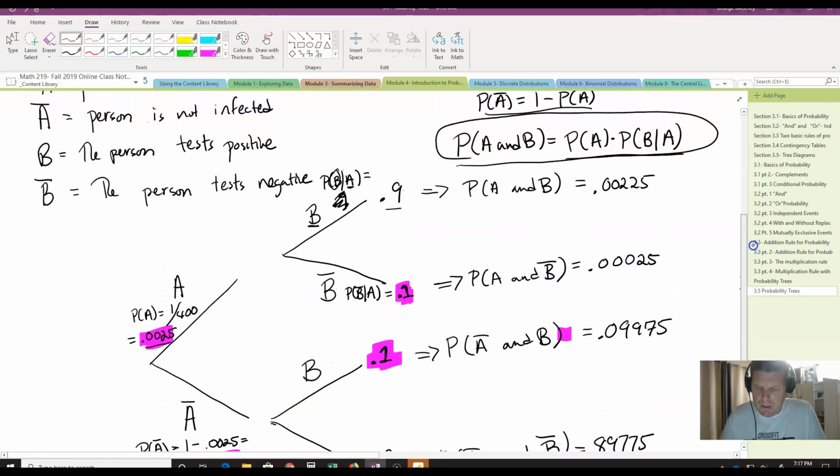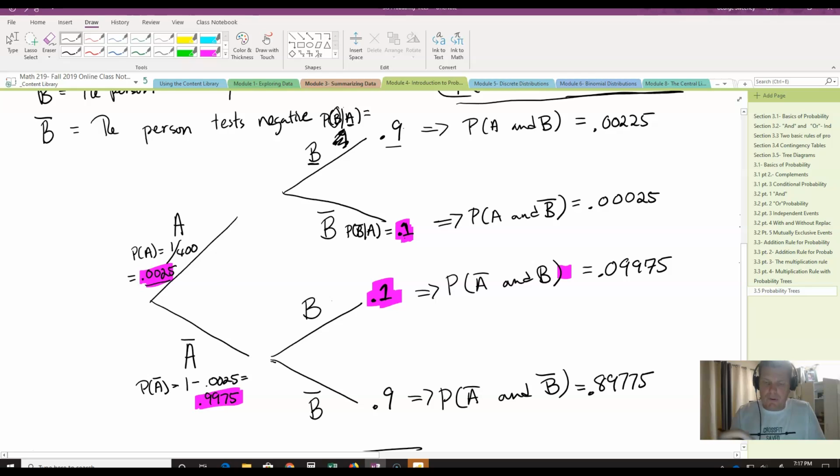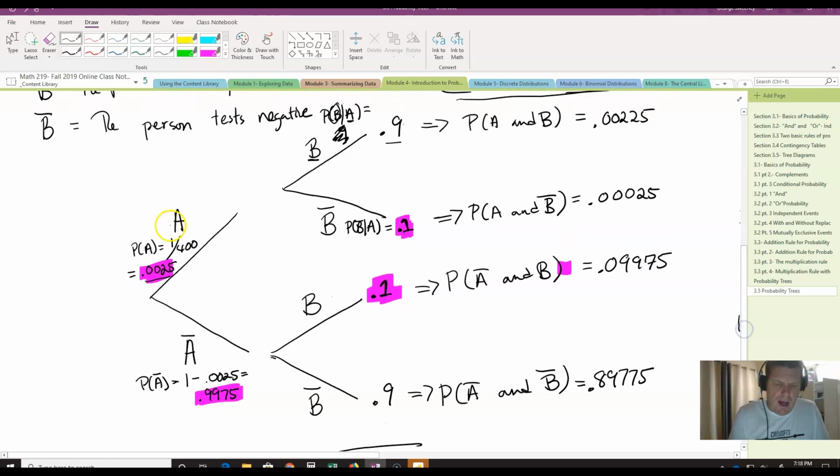Okay? So that is going to help us out a lot. Let me review a little bit what it is that we did. We set down the two sets of branches for our tree. I set down an event and its complement as the first branch, and that would be whether or not a person has the virus or does not have the virus.